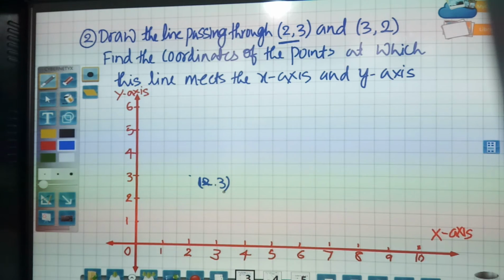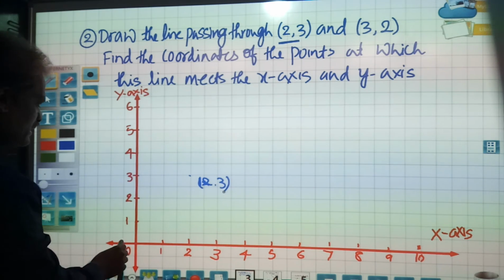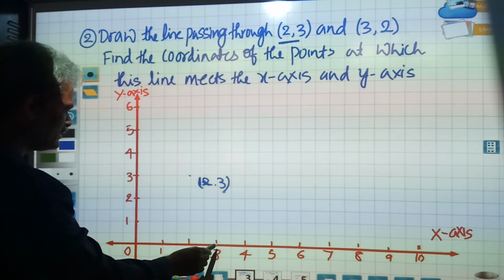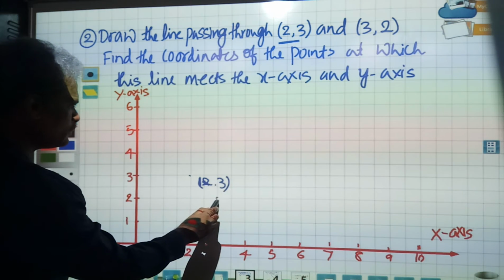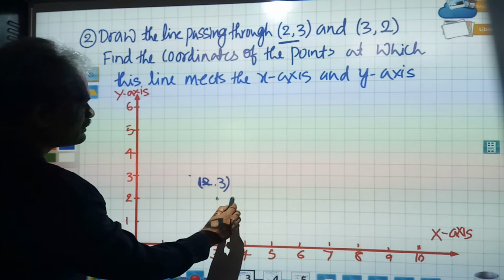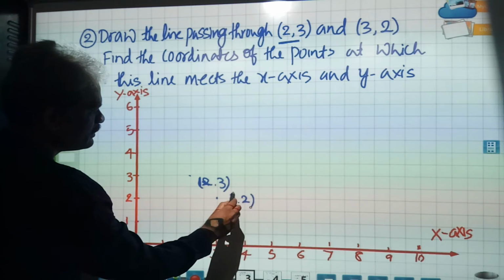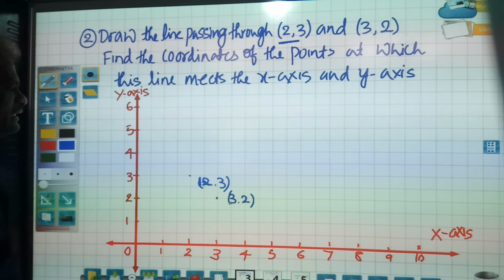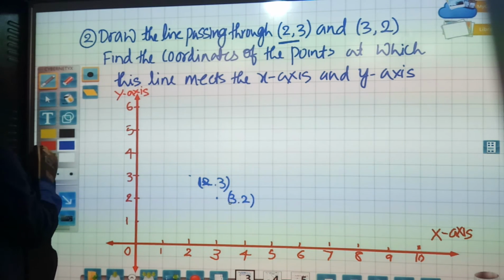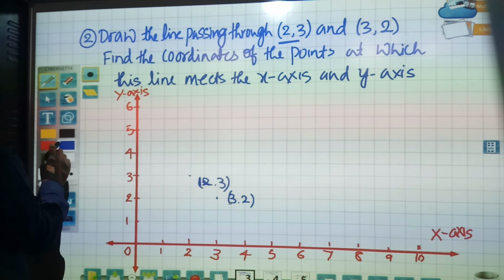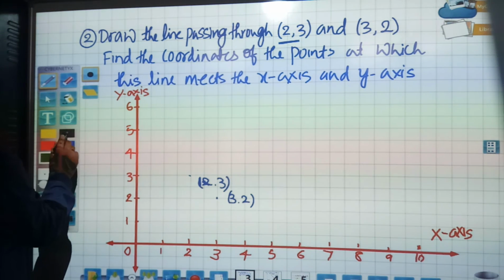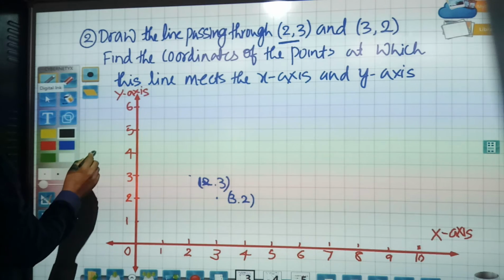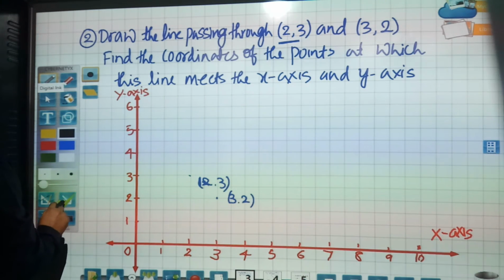Then another point, 3, 2. That means along the x-axis you go 3 units, then on the y-axis 2. So this is 3, 2. So we got 2, 3 and 3, 2. Join these by a straight line. What will you get? Let us see now.